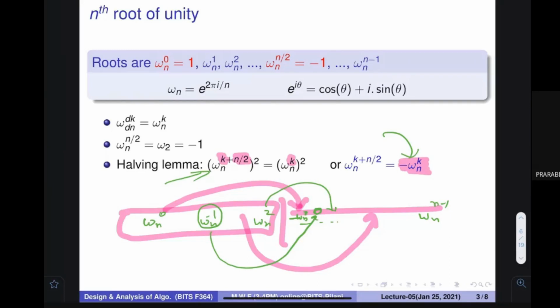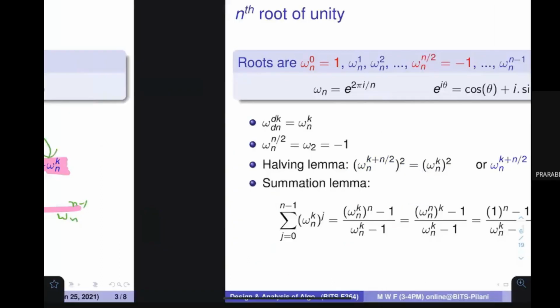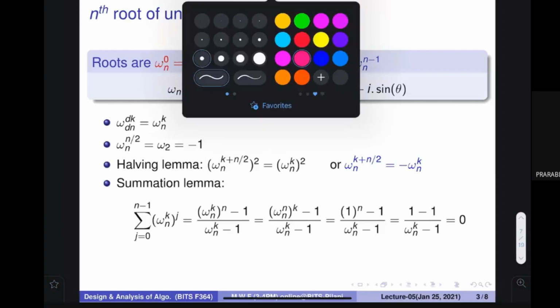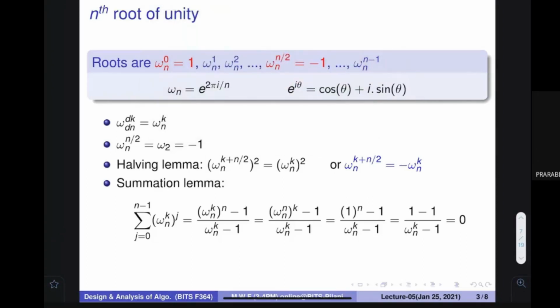Now again there is an important summation. For j equal to 0 to n minus 1, I want to find out the summation of omega n to the power k, and I am going to put this j as the power of this particular thing. What does it mean? It is the same item having different powers from 0 to n minus 1.